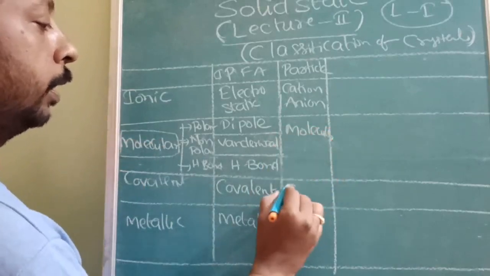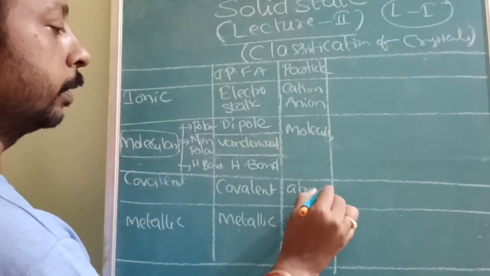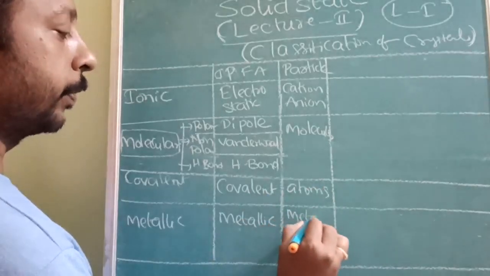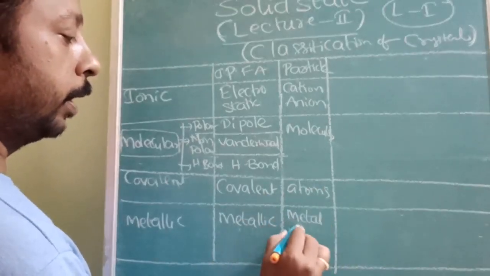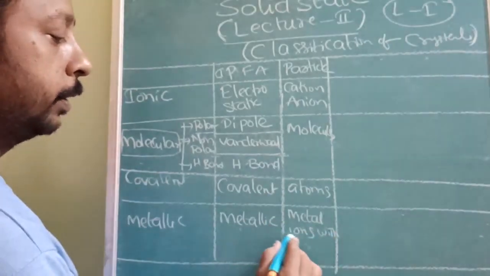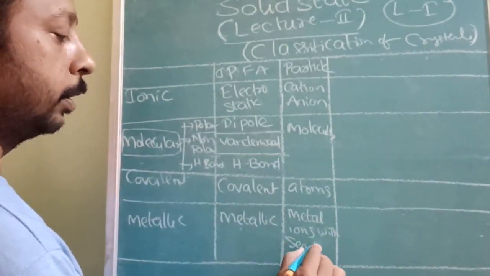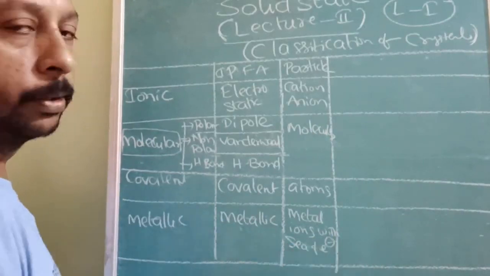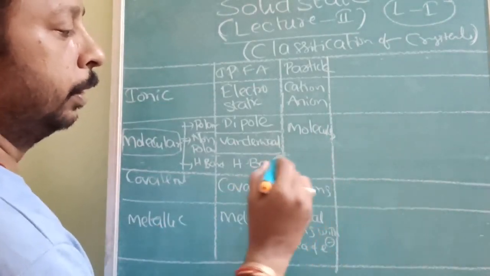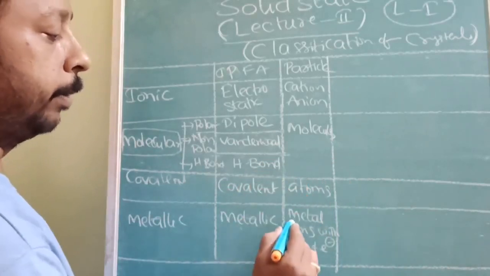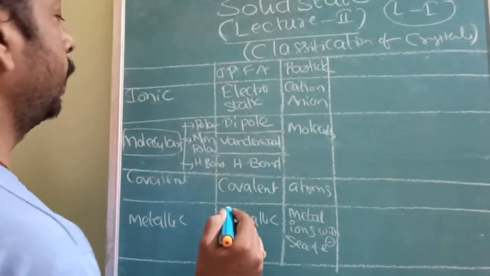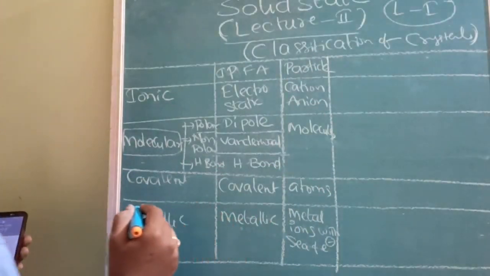Here they will contain atoms. Here, the main important thing, metal ions with a sea of electrons. Electrons will be flowing, and somewhere metal ions will be embedded.